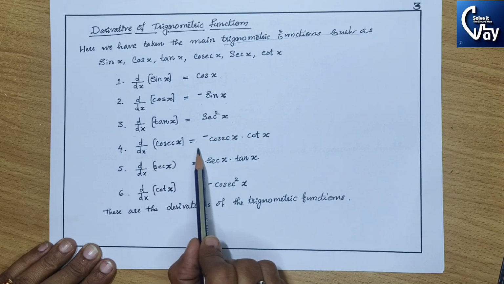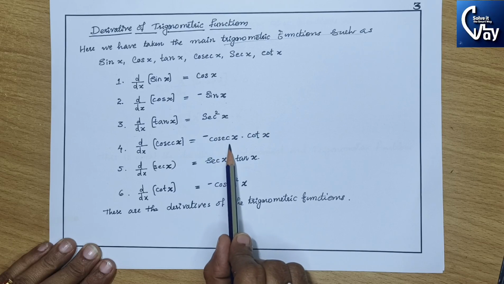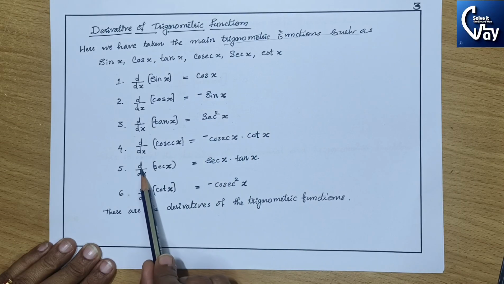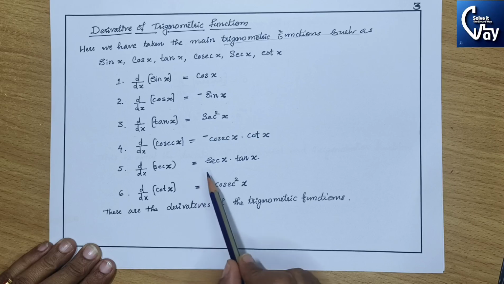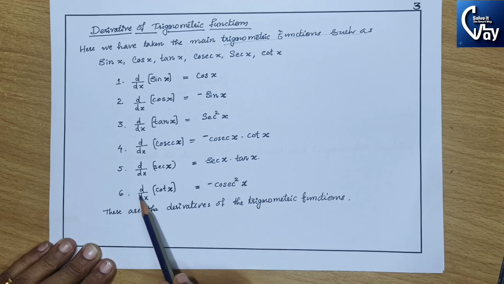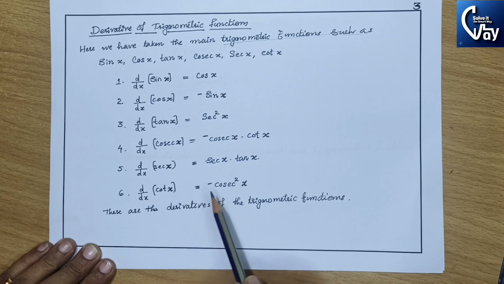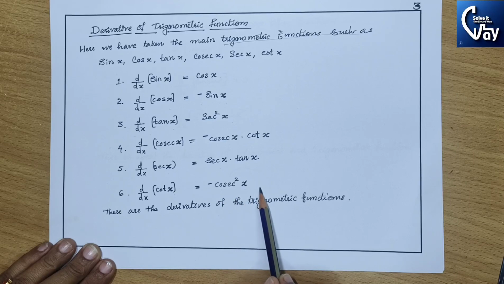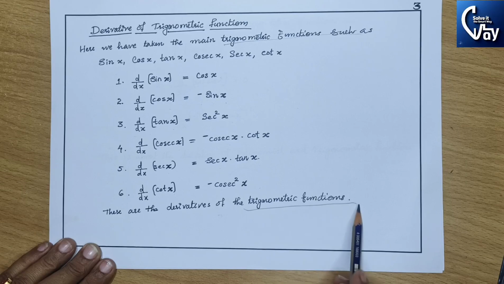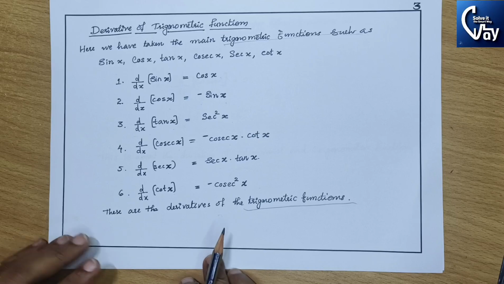Derivative of cosec x equals minus cosec x cot x. Derivative of sec x equals sec x tan x. Derivative of cot x equals minus cosec square x. These are the derivatives of trigonometric functions. Is it clear?